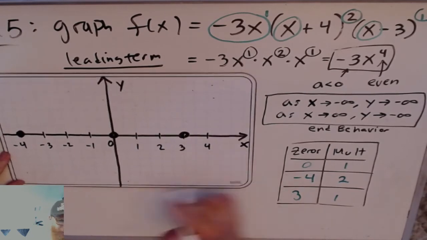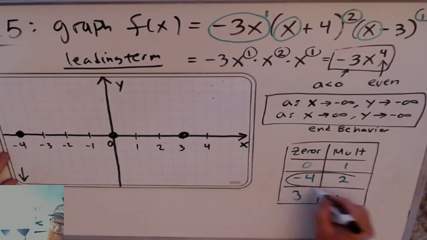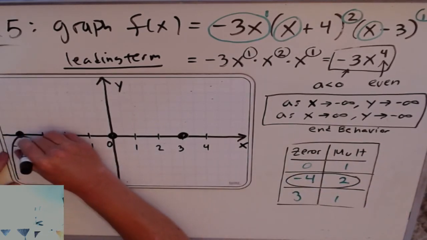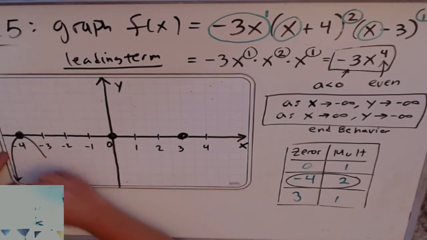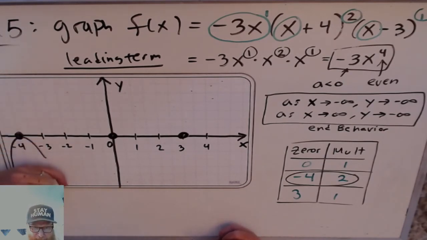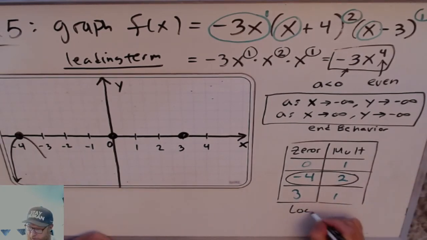I know that both arrows point down. I know that -4 looks like a parabola. Touch and go, we call that, or touch and turn. It's not crossing over. It's just turning and coming right back down. That's because the multiplicity is 2. That's your local behavior.